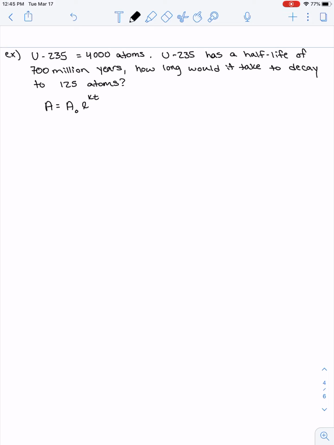Let's talk about things that we know. We know that the half-life is equal to the natural log of 2 over k, and in this case, we know that our half-life is 700 million years, so we'll remember that we are in millions of years here.